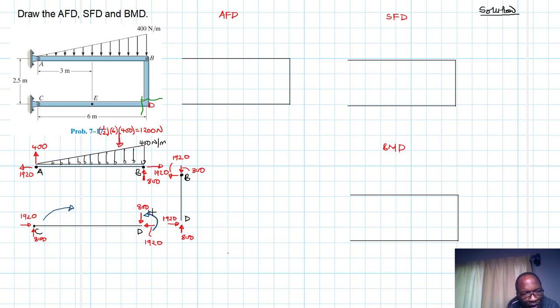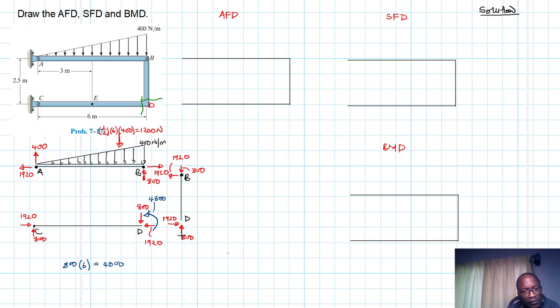And the value of this moment is just equal to, again, you can apply the equations of equilibrium and solve there quickly. So we'll have 800 by the length 6. Okay, so this gives us 800 by 6, of course it gives us 4800.